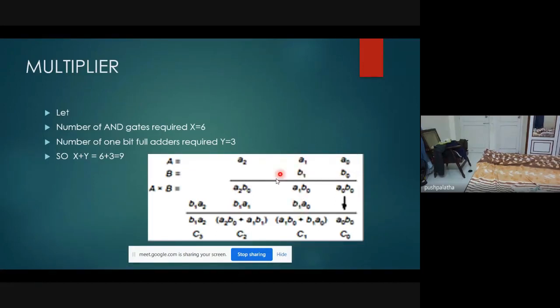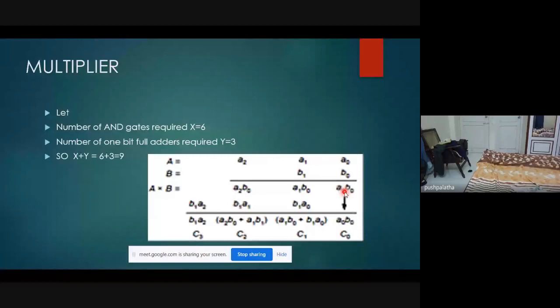Now A0 is one variable, B0 is another variable. So these two can be joined with an AND gate. So A0 into B0 is C0, which is one AND gate. Now you first multiply; how many AND gates do you require?